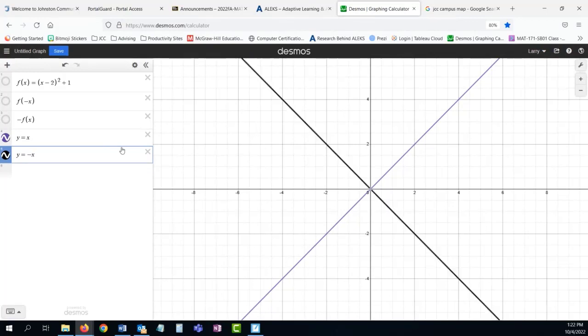There's your perpendicular. You see how where they cross one another, they split into 90-degree angles on both sides? That's what it looks like. So a slope of 1 is the purple line, a slope of negative 1 is the black line. All right.